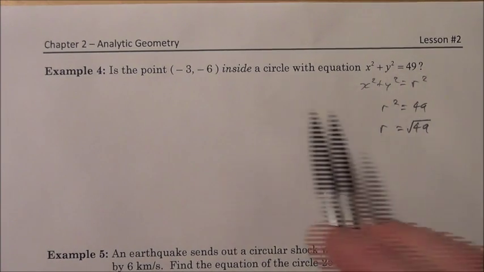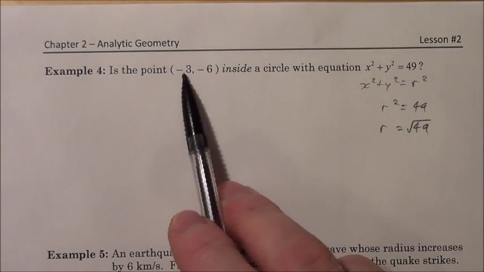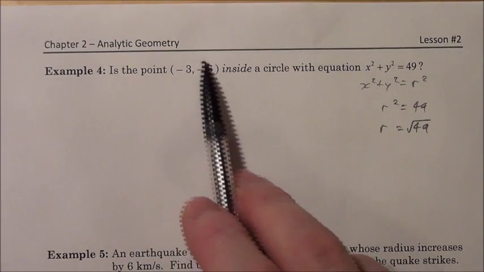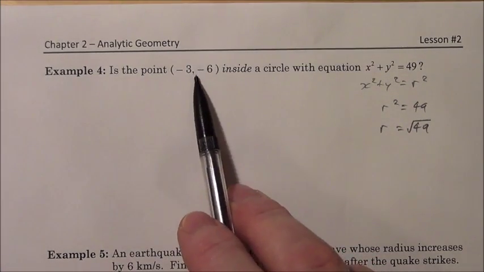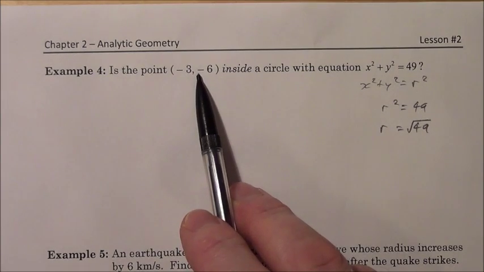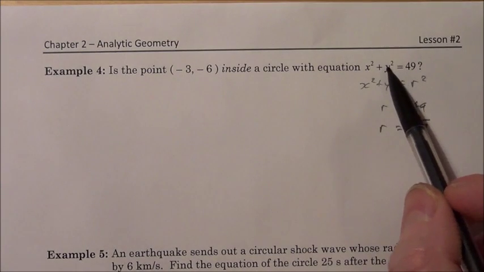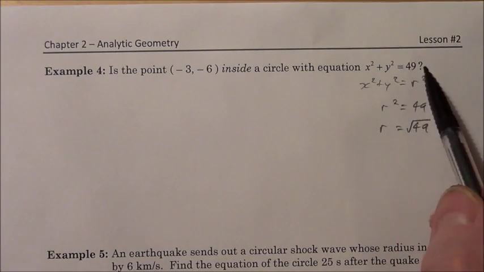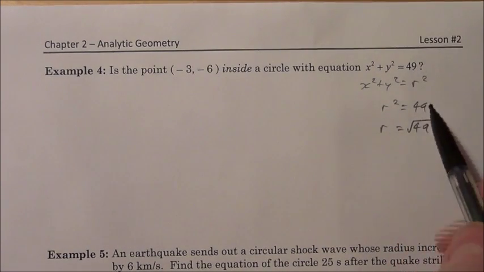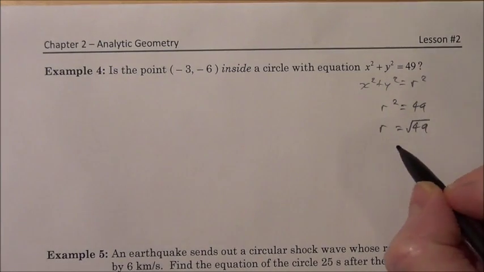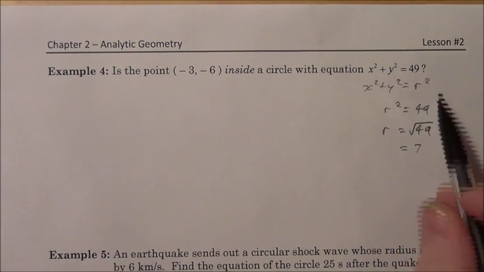So if we take a look at this point, what we want to do now is see how far this point is from the origin, because we know that the circle is centered at the origin and the distance from the origin is root 49, or also known as 7.